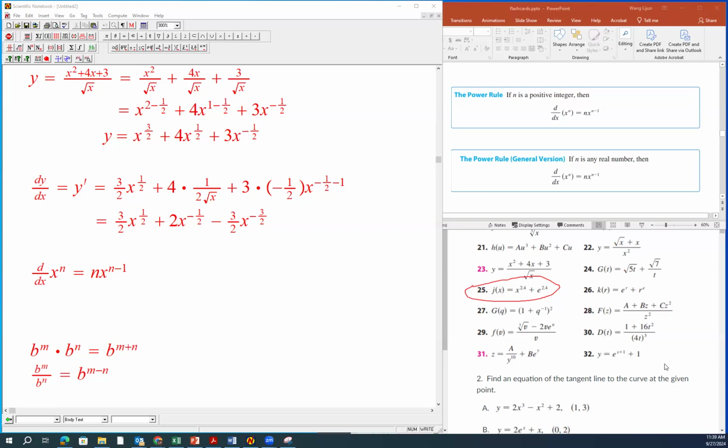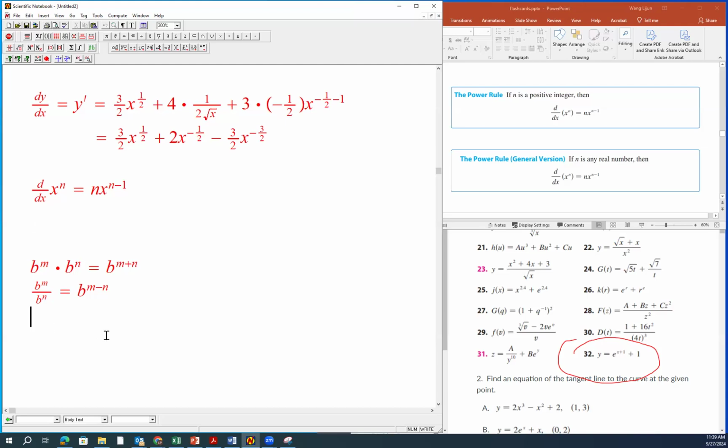31, 32. I'm going to do 32 to show you, because in case you like to work on this question and are bewildered by e to the power x plus 1, we have not learned chain rule yet. So what do we do with it?